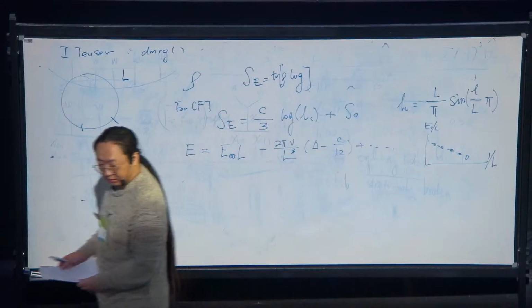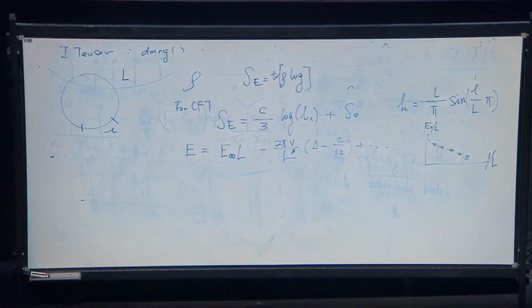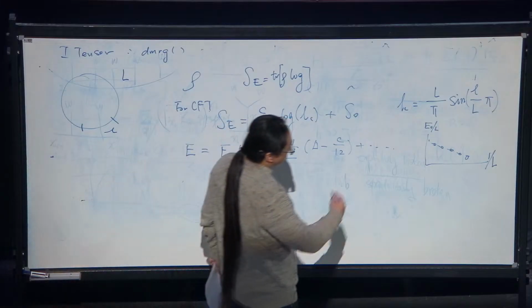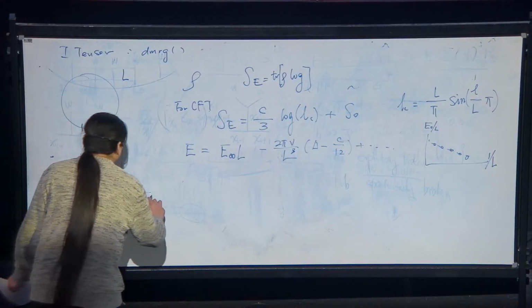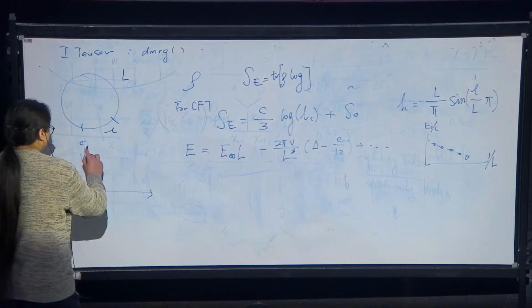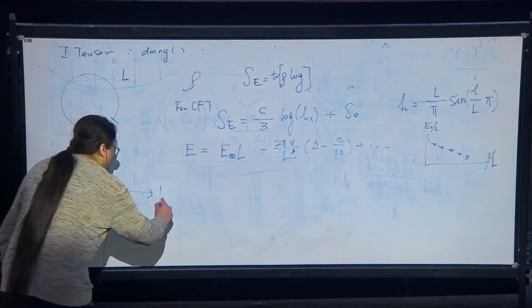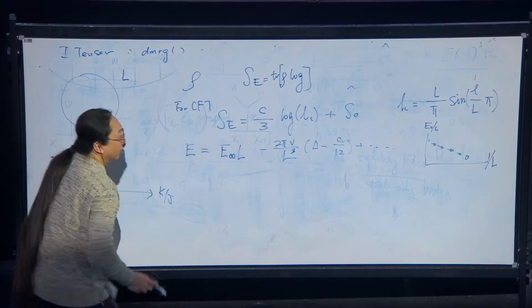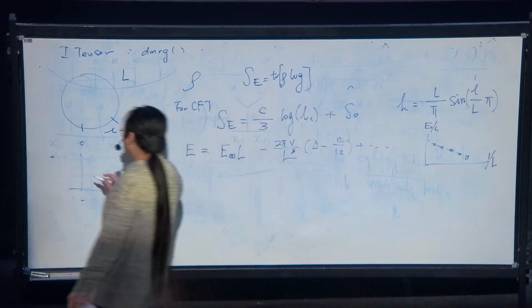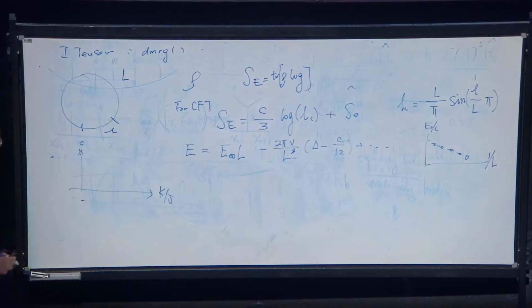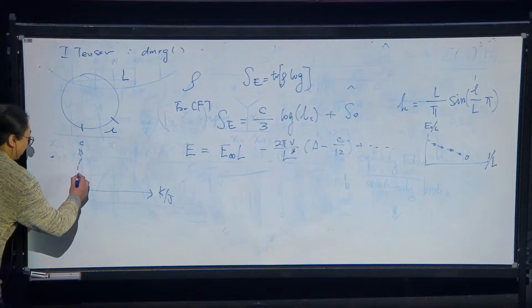Let me report a bit of what we had. We scan the central charge with respect to the coupling K over the coupling G. On the negative axis, it quickly drops to 0.